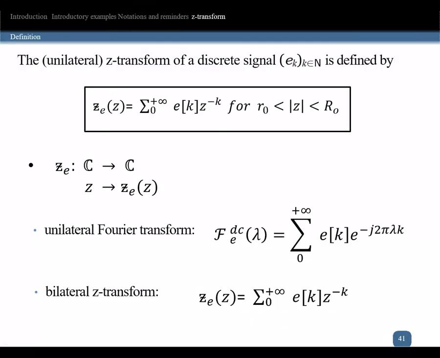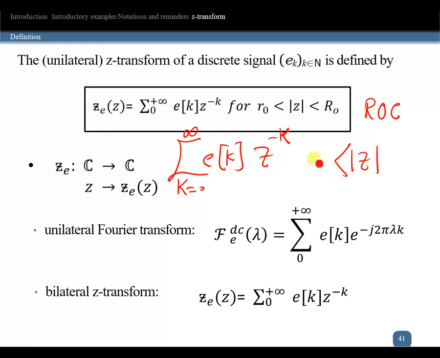Now we go to the Z transform. You should keep in mind the unilateral Z transform of a discrete signal e(k): any signal can be defined by the sum over k from 0 to infinity of e(k) z to the minus k, with a region of convergence between small r and big R. This region of convergence I will discuss later.